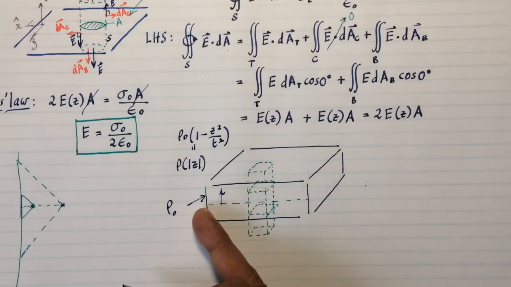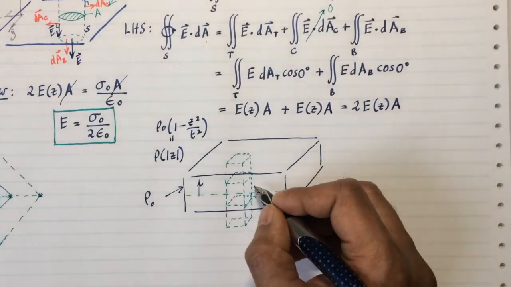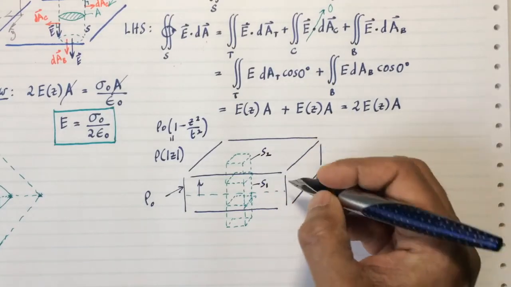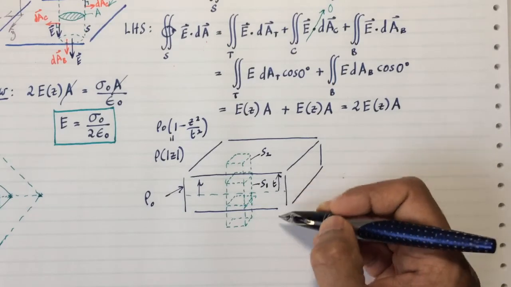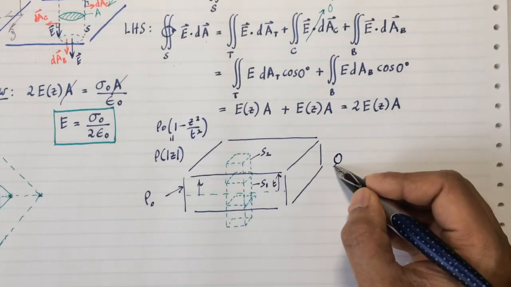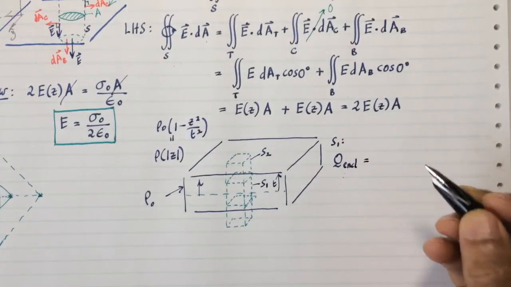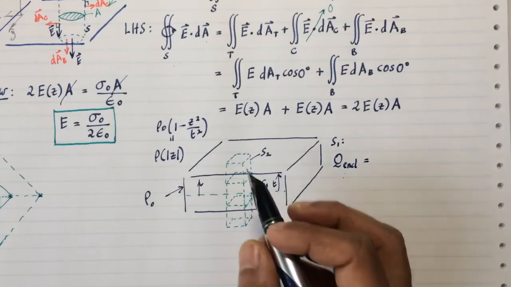But let me just take the density to be constant, because I just want to finish up this example in a couple minutes. So I just want to find the charge enclosed in these two pillboxes, S1 and S2, and let's take the half thickness to be t, which means the total thickness is 2t. The charge enclosed in the Gaussian surface S1 is the volume of the Gaussian surface S1.